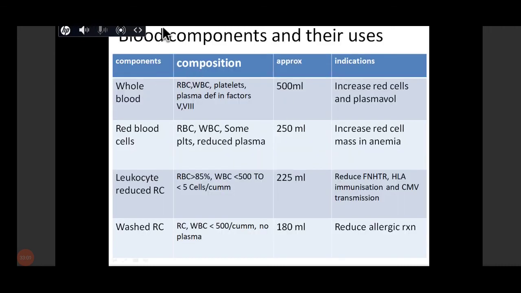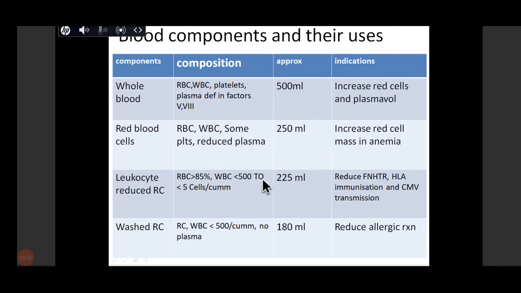Okay. Now, what is the use of such blood components? For whole blood, it increases the red cell and the plasma volume, for example in road traffic accidents. So with massive blood loss, you usually give whole blood. Red cells increase the red cell mass, and you transfuse these in patients with severe anemia.